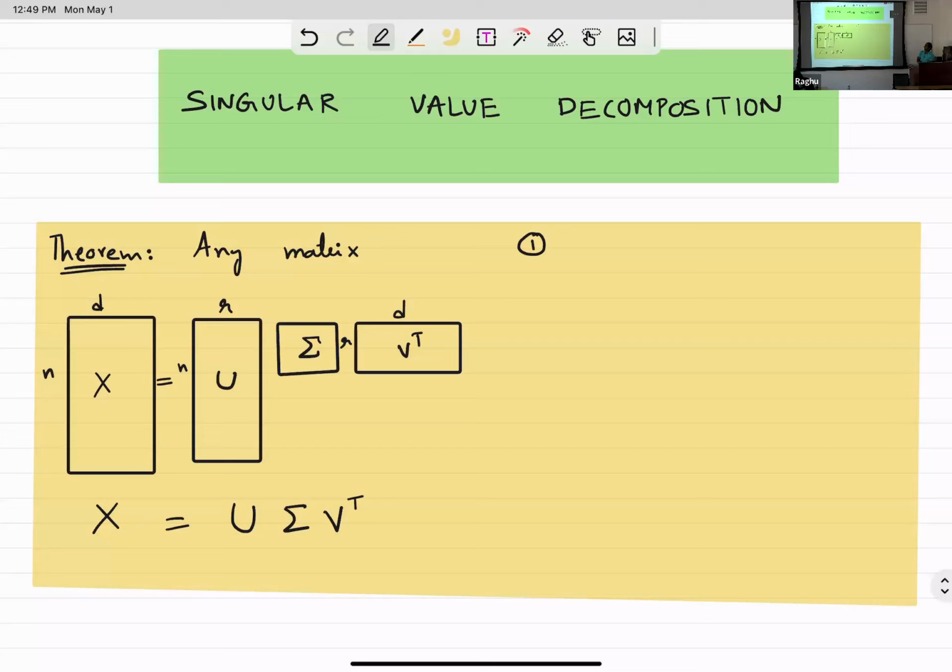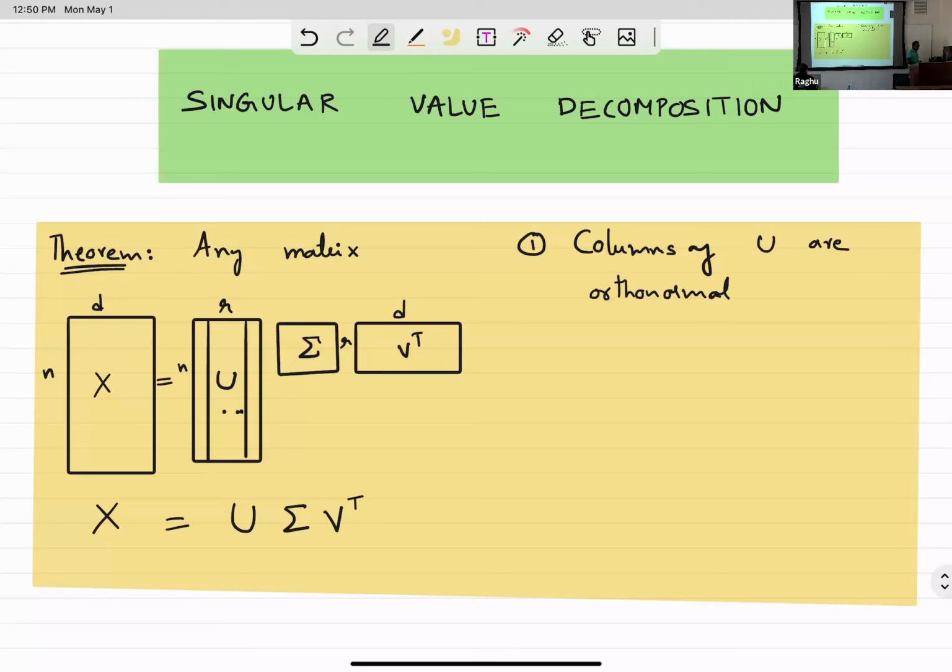The theorem is that any matrix X can be written as U sigma V transpose, where the following hold. The columns of U are orthonormal, meaning the columns of U each have norm exactly 1, and they're all perpendicular to each other.